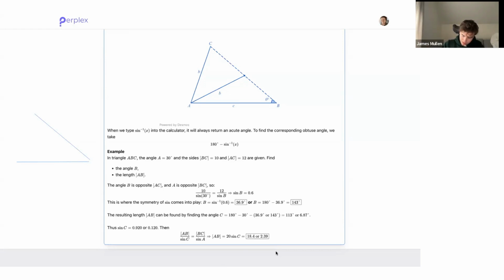Let's put this as BCA, BC is equal to 10, and AC is equal to 12. I didn't draw this very well, so this is not actually a helpful triangle.